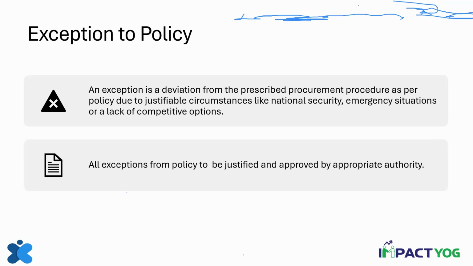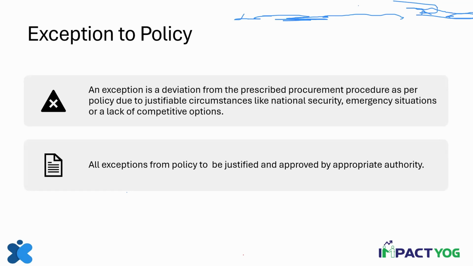You are deviating from the policy mandate. That might be for justifiable reasons, that even if we go in for another quality and cost based selection, we might not get better vendors. In that case, you might have to make a deviation. Maybe in an emergency also you might have to do it. Whatever is available, let's go. We might not be able to follow the method of procurement.